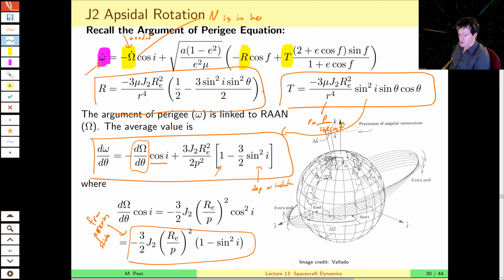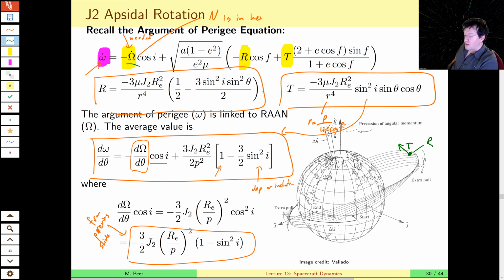Remember, here's your spacecraft, and it's got its forces exerting. It's got R, well, actually in the opposite direction. It's got T in sort of the direction of travel, and it's got N, which is pulling it down that way. So N doesn't factor in here. N enters through omega dot, and we'll talk about omega dot separately.